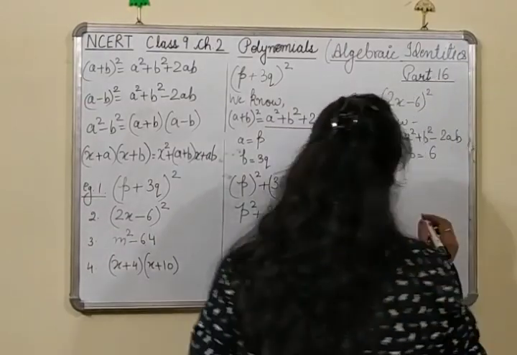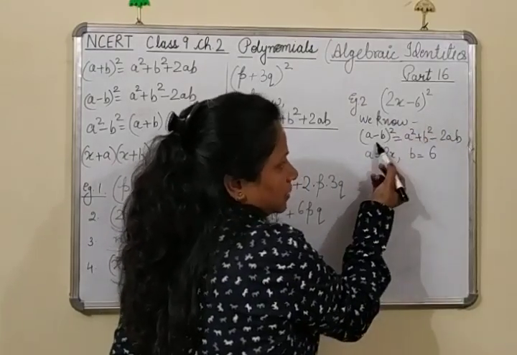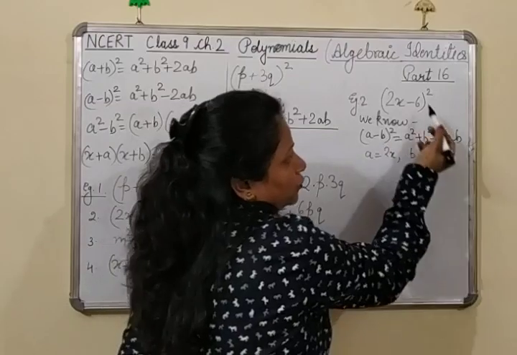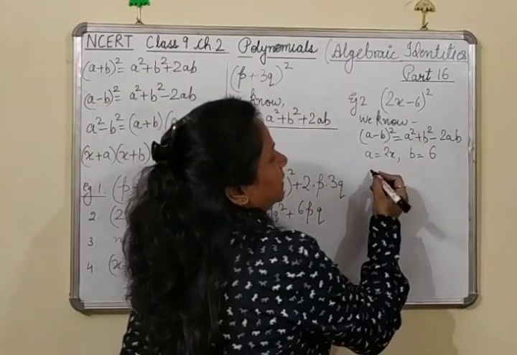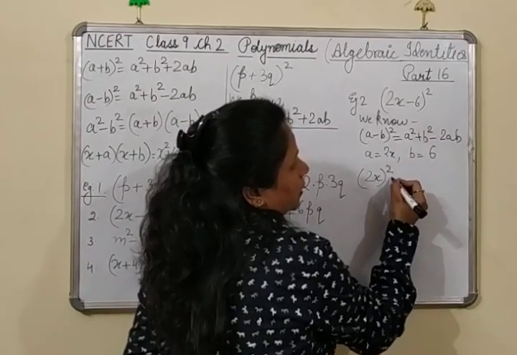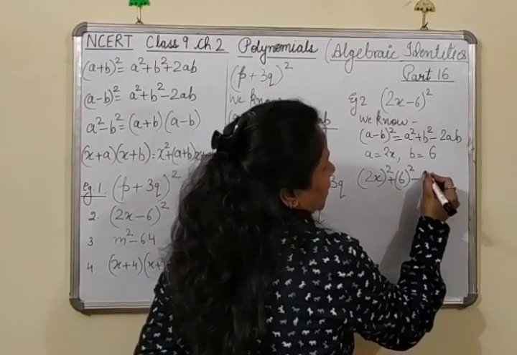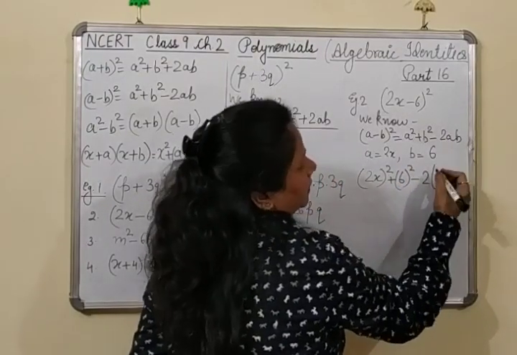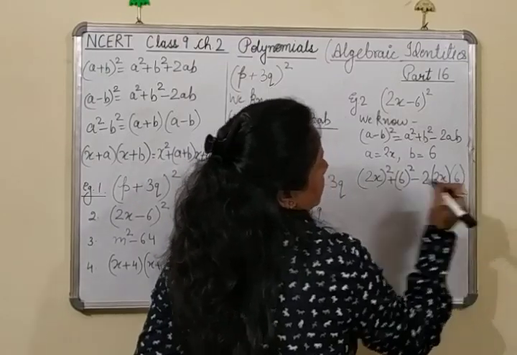Now if this question is in the left hand side form, then we have to get the answer in the right hand side form. Now what is the right hand side? We need a square, that means (2x) square. We need b square, that means 6 square, minus 2 into a, that is 2x, and b, that is 6.